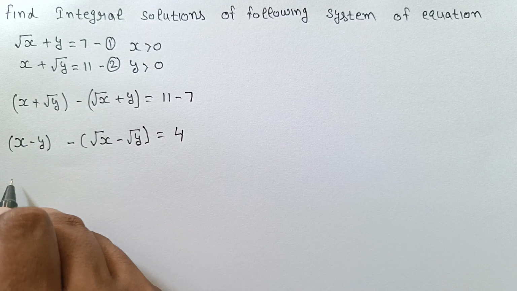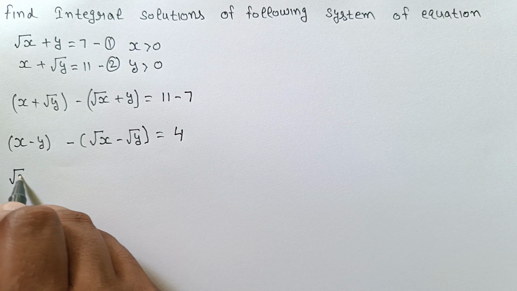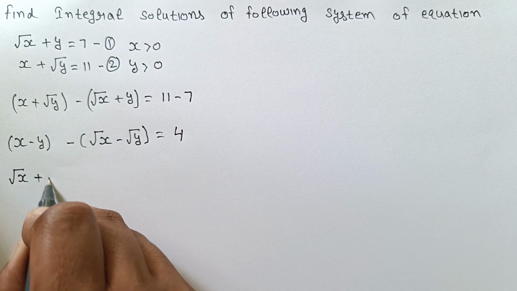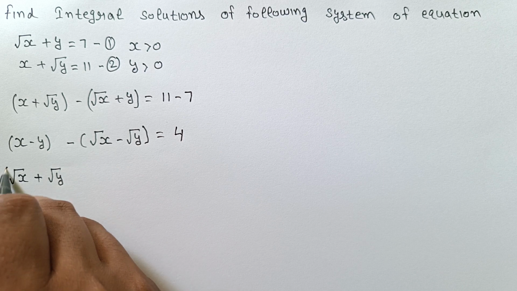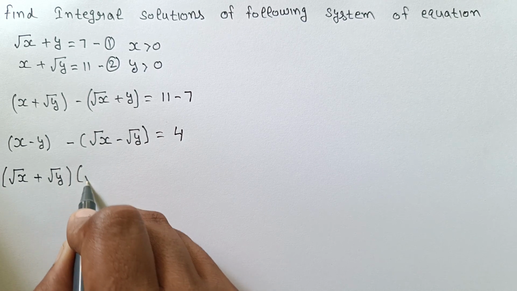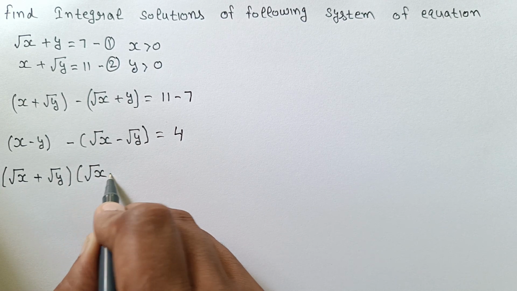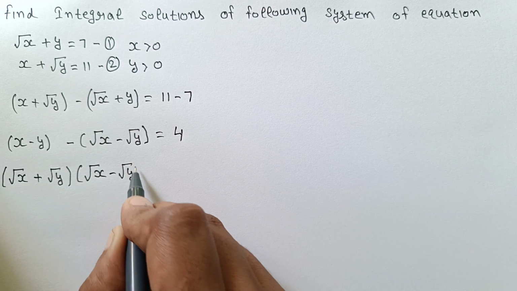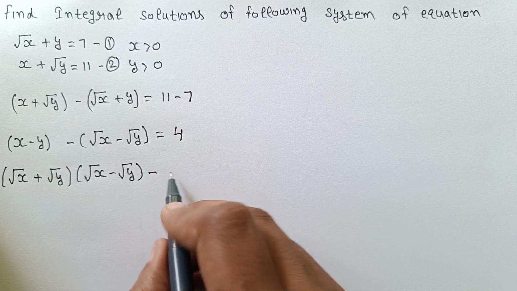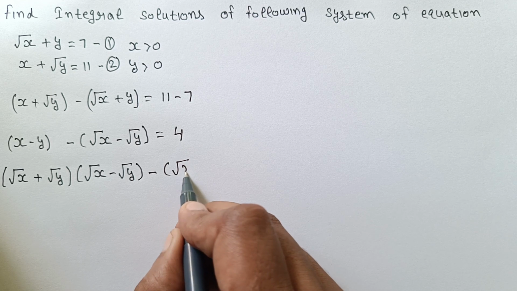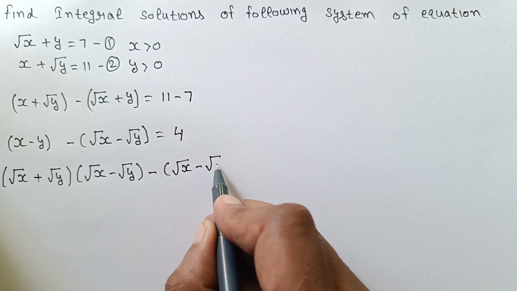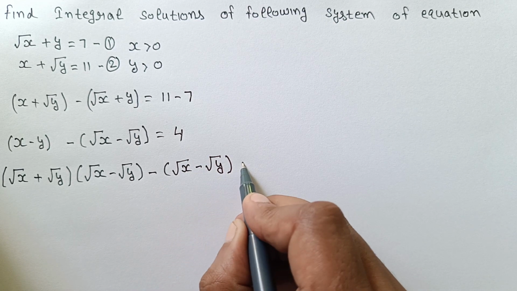Now here is x minus y. I can factorize it as square root of x plus square root of y into square root of x minus square root of y, minus square root of x minus square root of y.